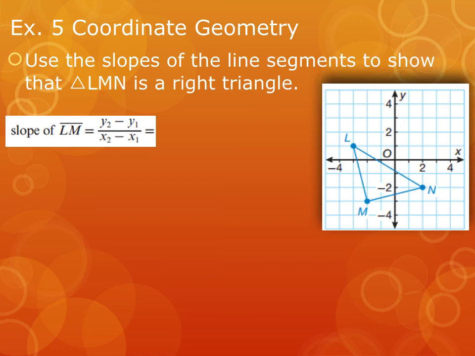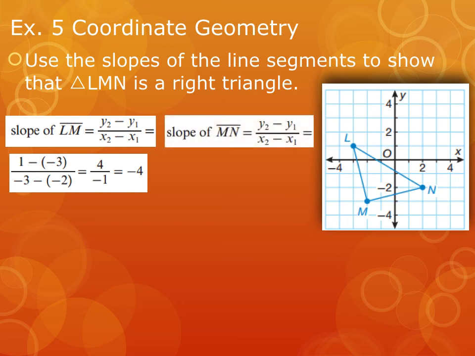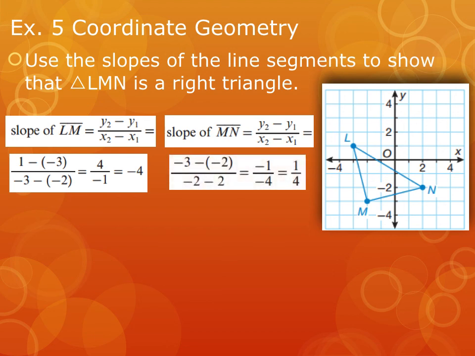Using your slope formula or simply rise over run, we get -4 as the slope of segment LM. Now the segment MN. Using rise over run or your slope formula, we get 1/4. Are those slopes negative reciprocals?